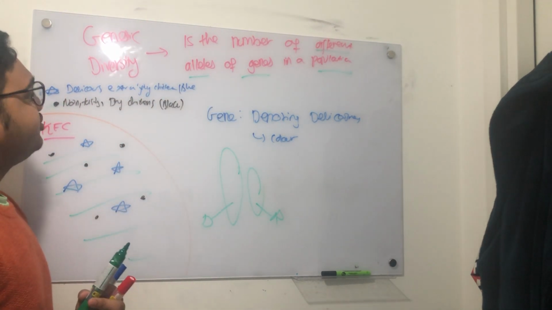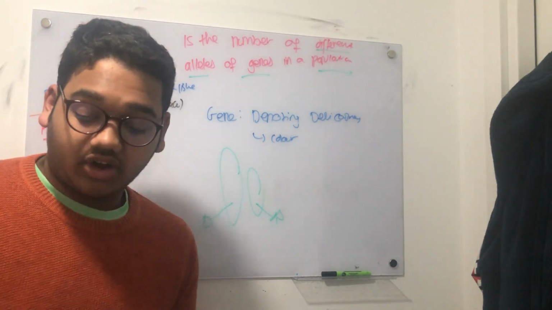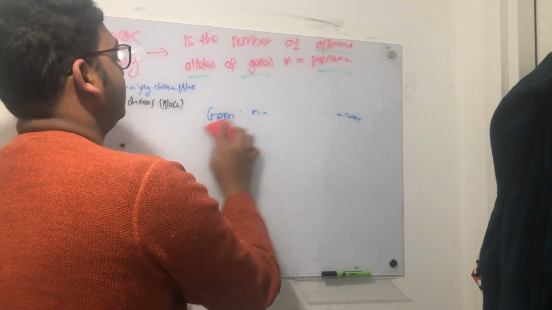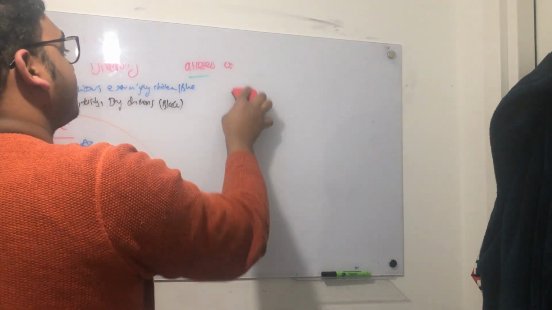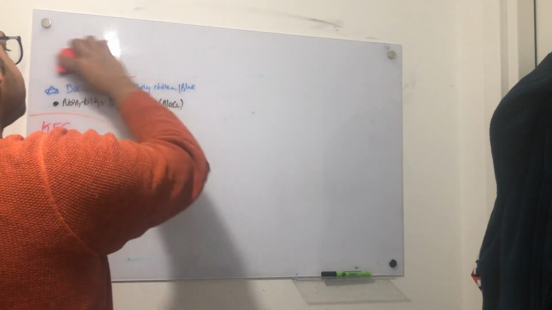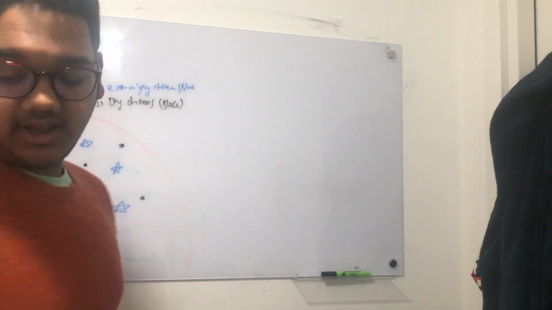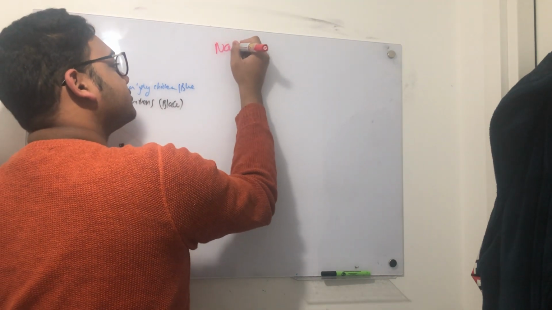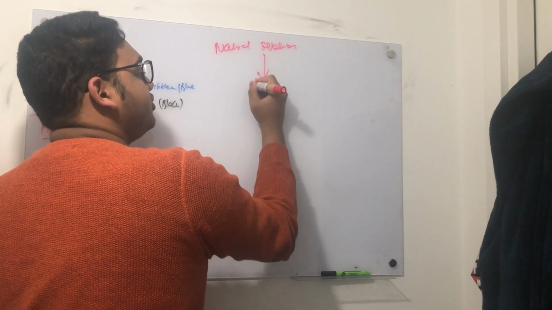So we've gone over genetic diversity, and I think it's now time that we start applying it in the context of natural selection. So let me just rub this out over here. The way I learned about it is natural selection leads to evolution.